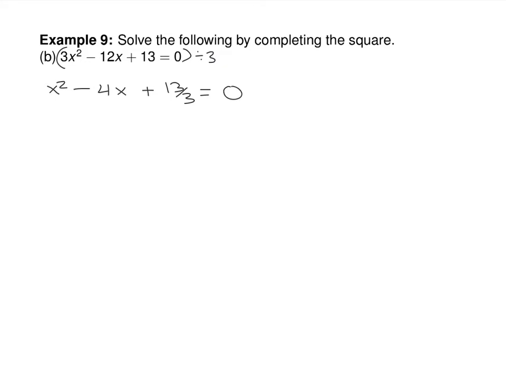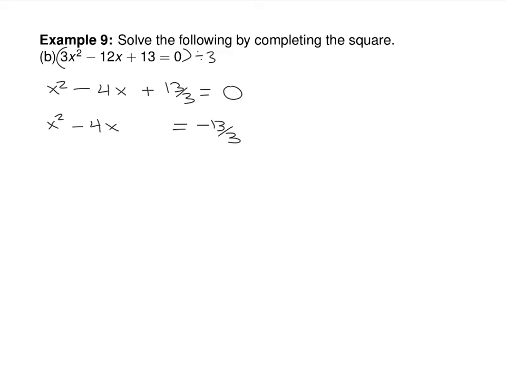By the way, this would work to solve equations that factor as well. If you can't factor something and you can't figure it out, you could always solve it this way. So take away the 13/3. So we get x squared minus 4x equals negative 13/3.